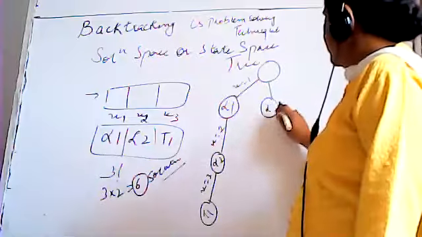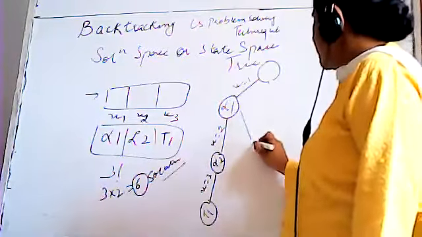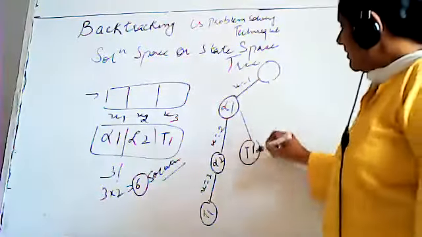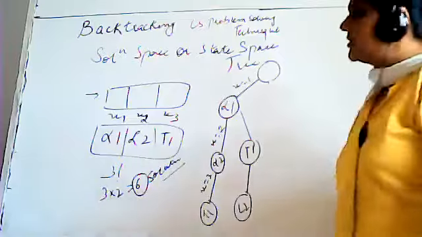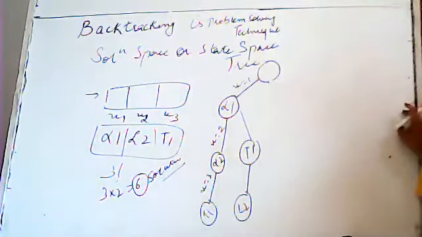L1 on first chair, teacher T1 on second chair, and L2 on third chair. Yes or no? Lawyer 1 can sit on first seat, then teacher can sit on second seat, and lawyer 2 can sit on third seat.